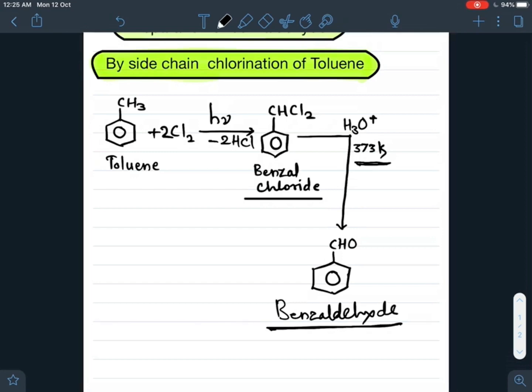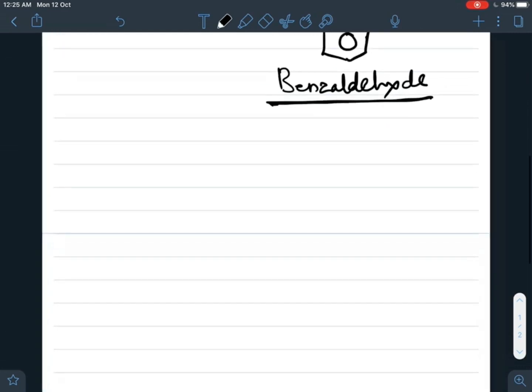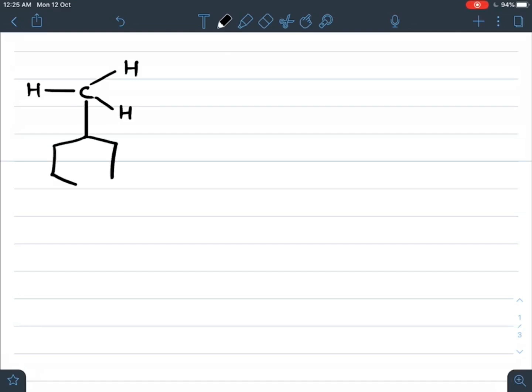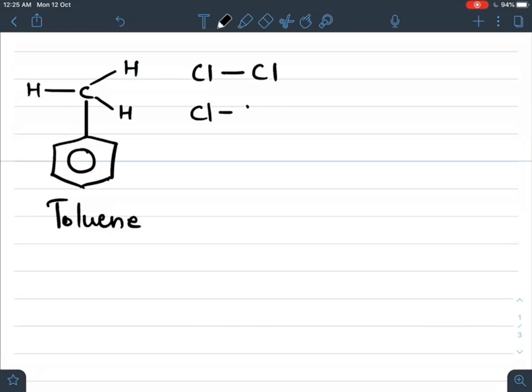So how does the reaction take place? We'll see its mechanism, and this is the most important part of this reaction. You can write CH3 in its structural form, CH3 attached to the benzene ring. The name of this compound is toluene. When toluene reacts with chlorine, two molecules of chlorine are required, Cl2, and one more Cl2.